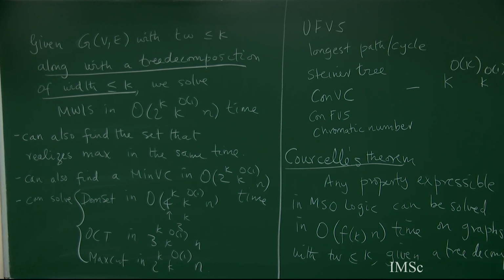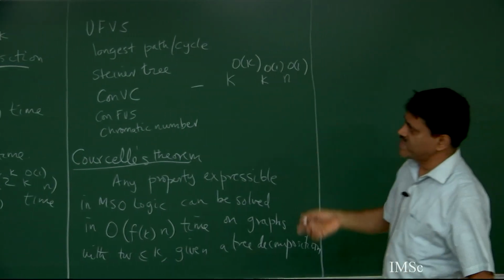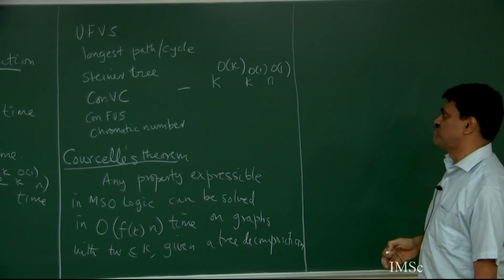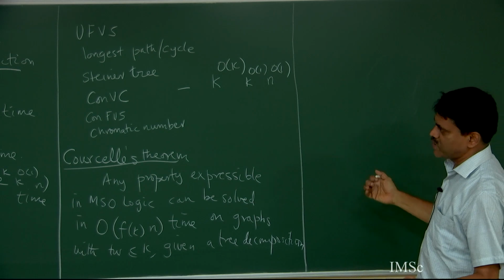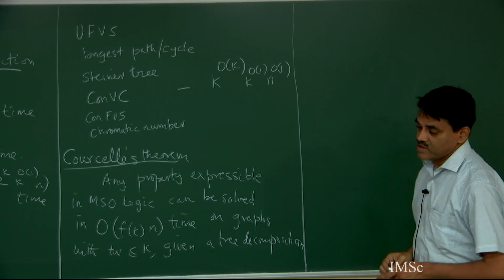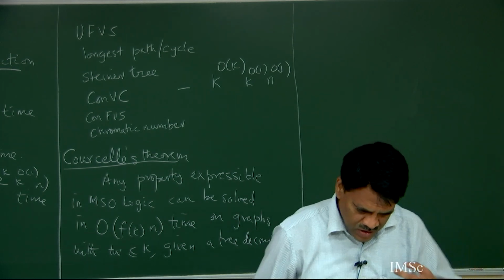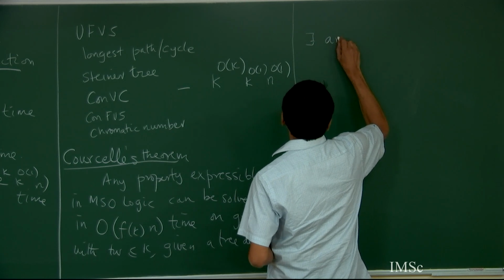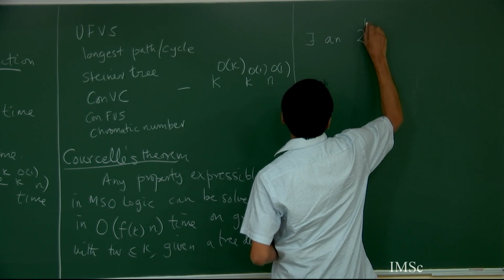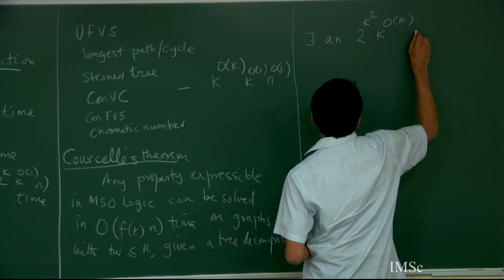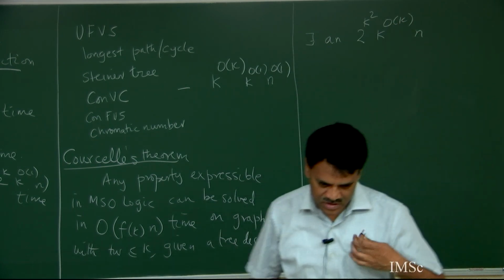Okay, so again, it's NP hard. So is it FPT parameterized by k? It is one of the first questions, even before the notion of parameterized complexity came in, that people looked at. And what do we know? So there are algorithms, 2 power k square, let me just check.